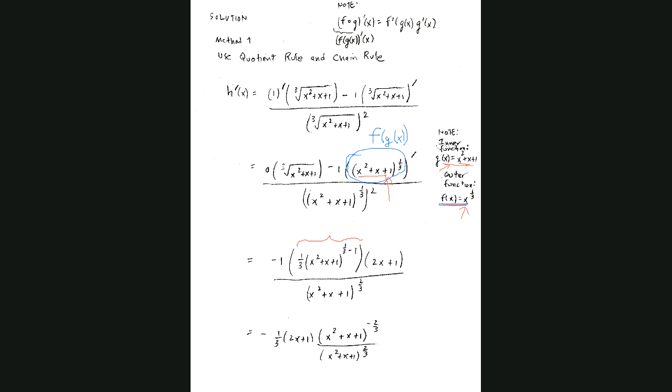Okay, so here, what is this, the 1/3 times x squared plus x plus 1 raised to the 1/3 minus 1 power? What part of the chain rule is that? There are two links to it.